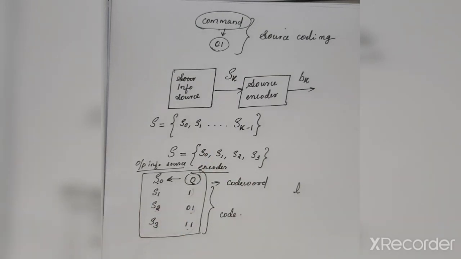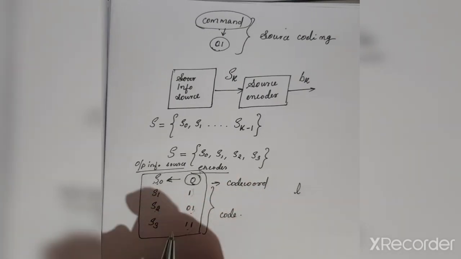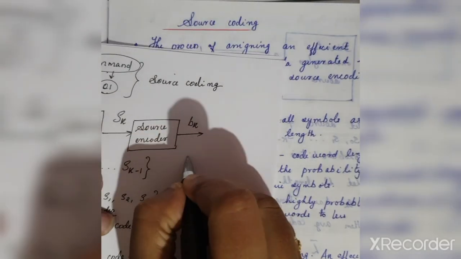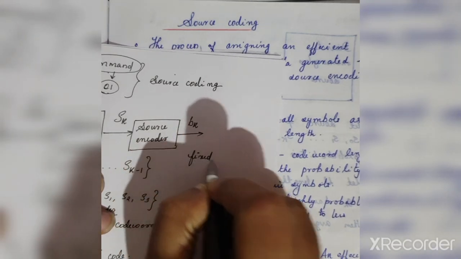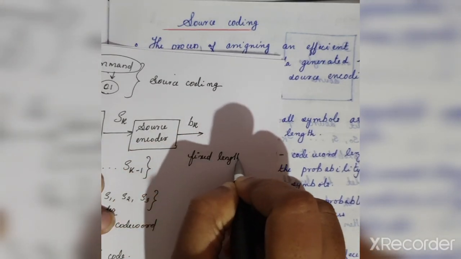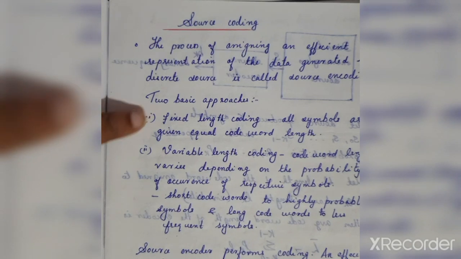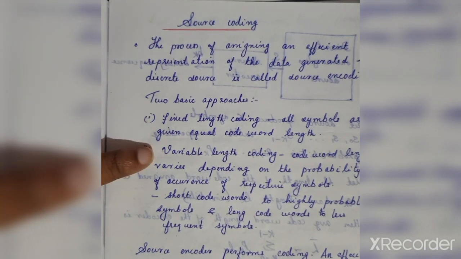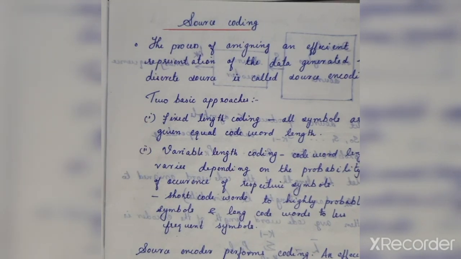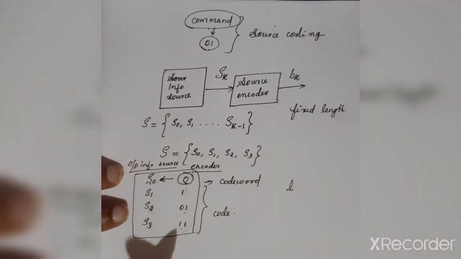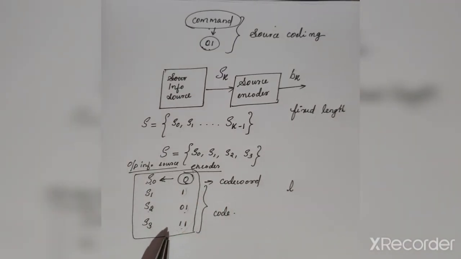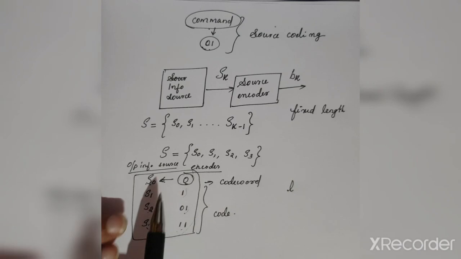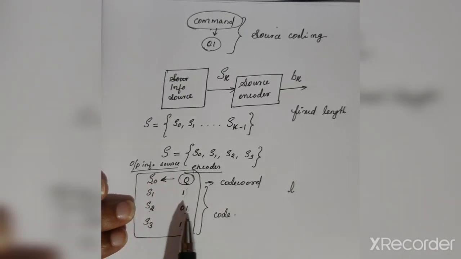Now these codes can be of two different kinds: fixed length codes or variable length codes. The example I have taken here is a variable length code, because each symbol has a different length for its code word.